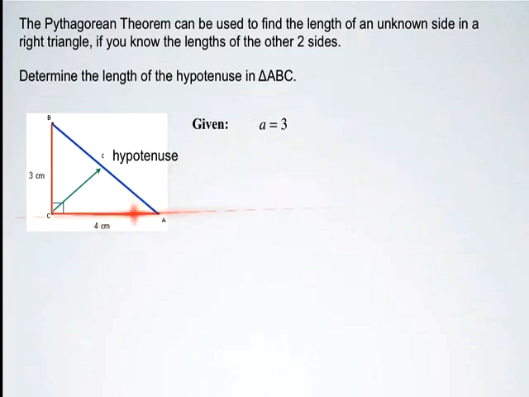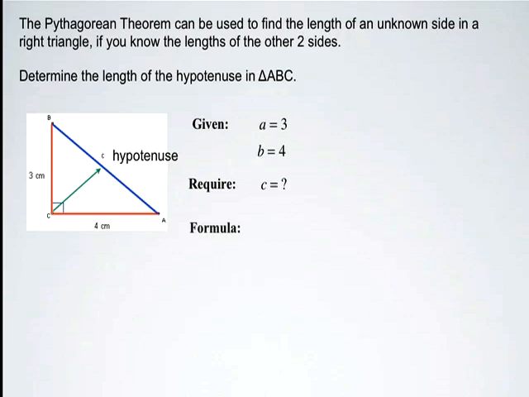We're also given the other side in the triangle, side CA or AC, it doesn't matter which way you say it, and the length of that is 4, and we're going to say that that is b. We could have switched this around again. It doesn't matter whether you assign the 3 centimeters as a or b, but it does matter that you identify the hypotenuse as side c. So what we require here is the hypotenuse, or side c.